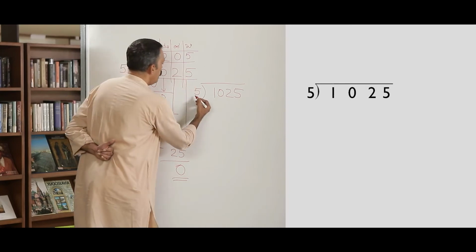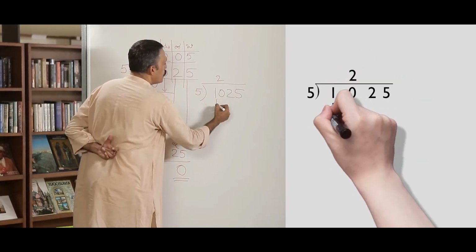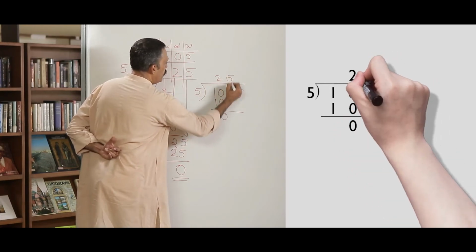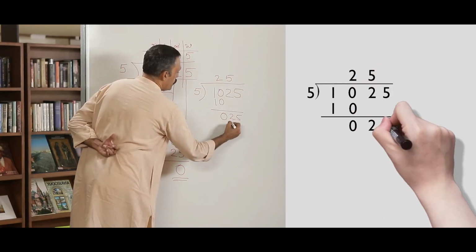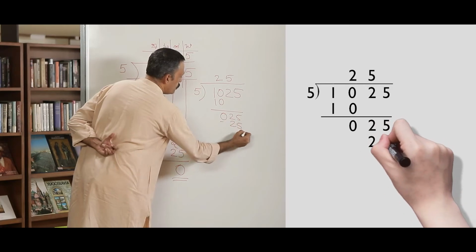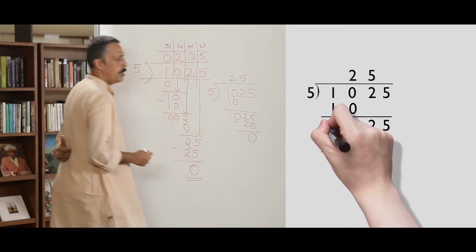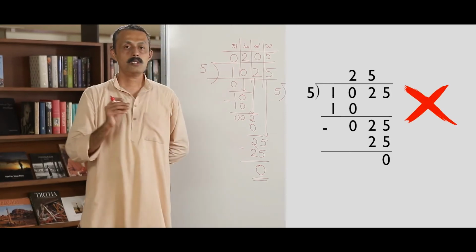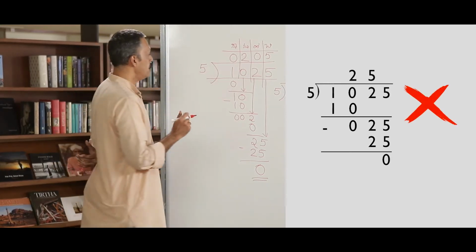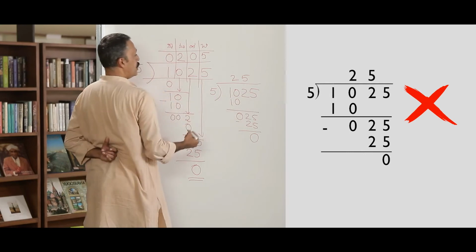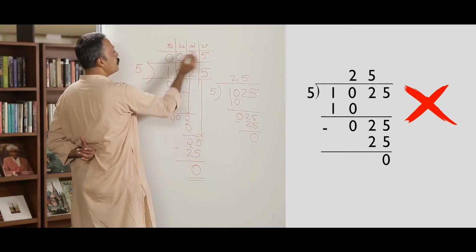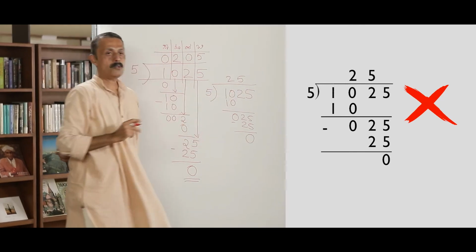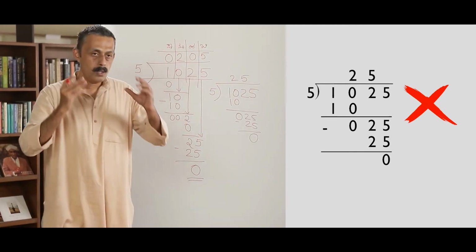Let me start. 5 twos are 10, 0. 5 fives are 25, subtract 25, so 0. Most often, children give this answer because they have not done according to the place value. We got 205 here, but we got 25 here. Why?